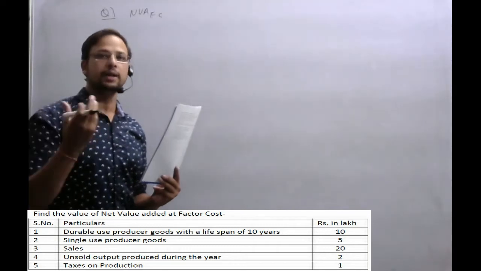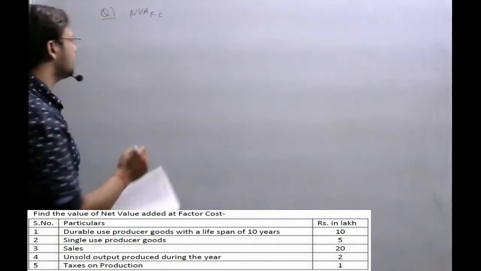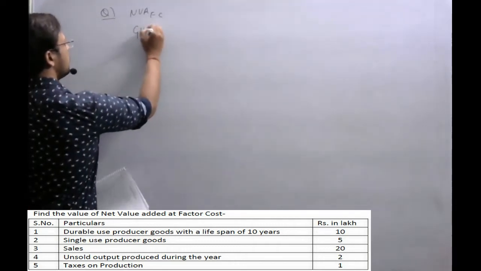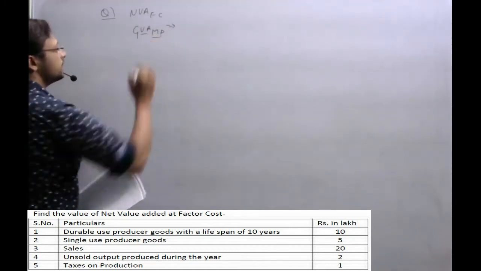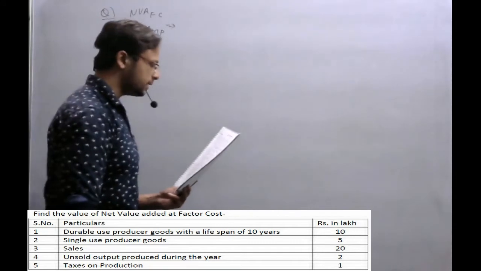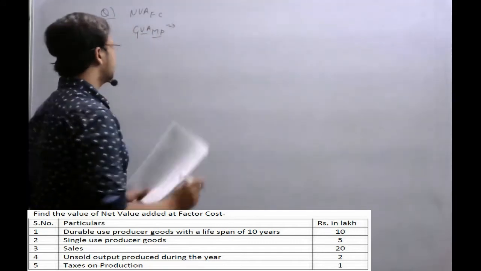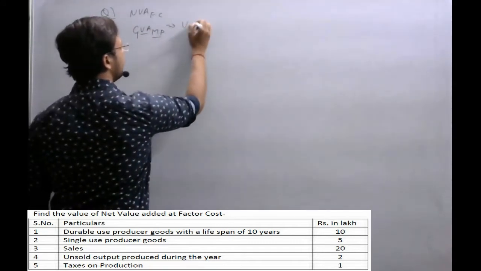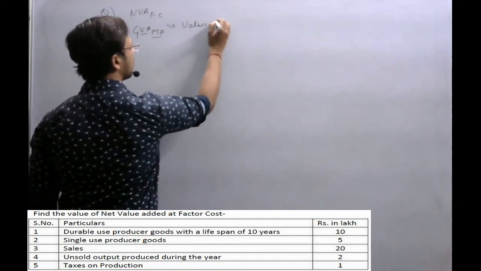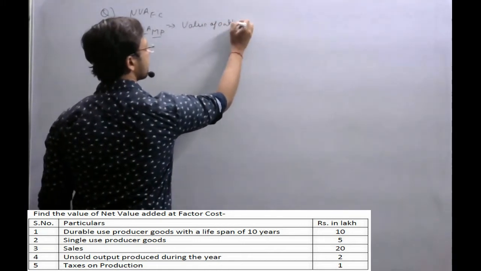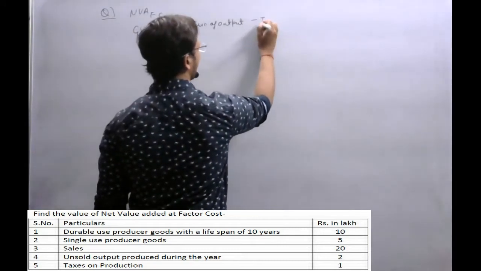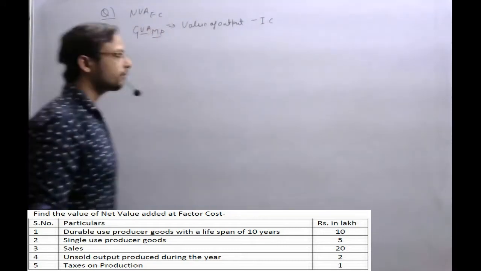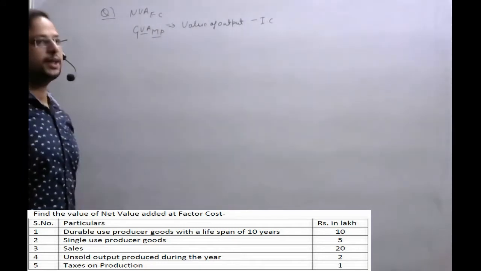First of all, in the product method, the aggregate which we get is gross value added at market price, GVA at MP. It is value of output minus intermediate consumption.